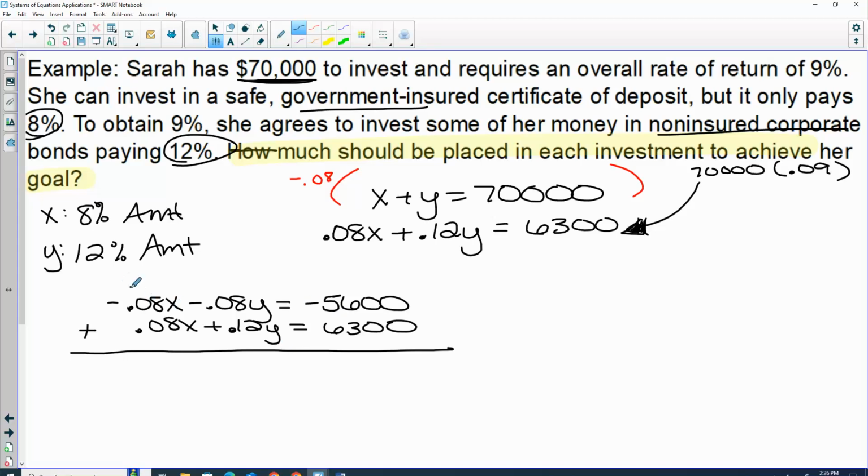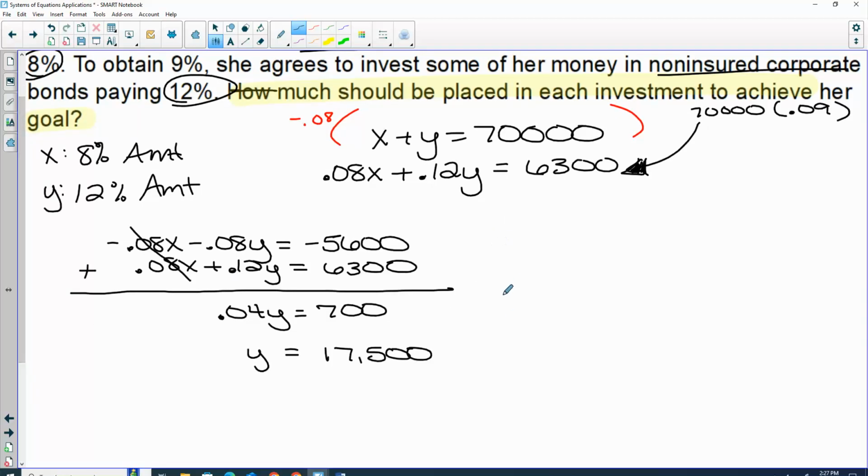And if we add together the x's cancel, 0.04y equals 700. And then we can plug that back in to get our x.